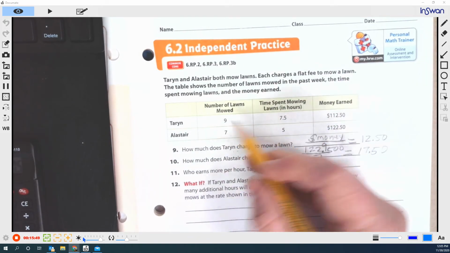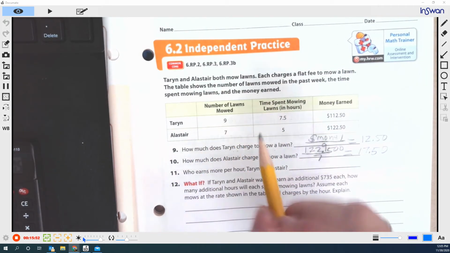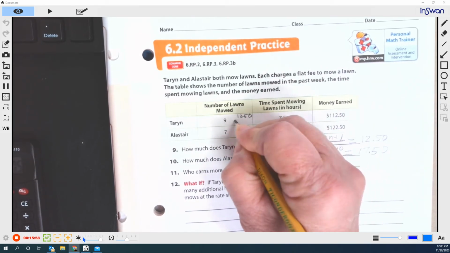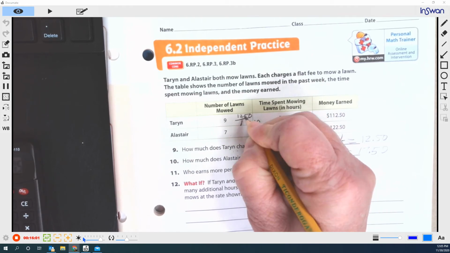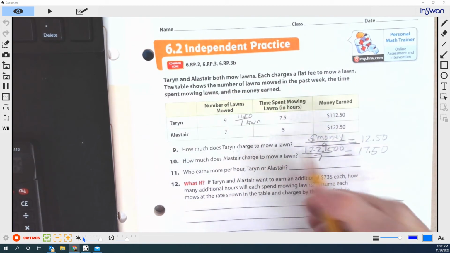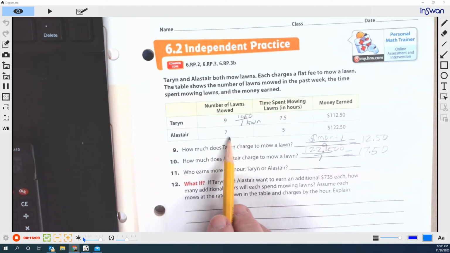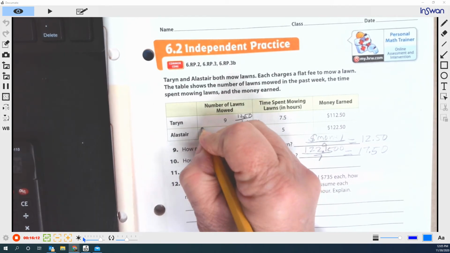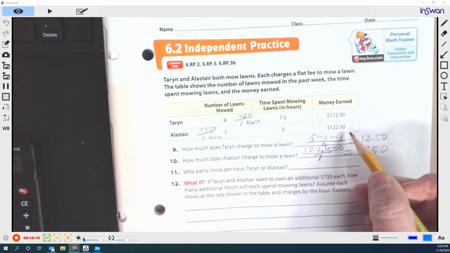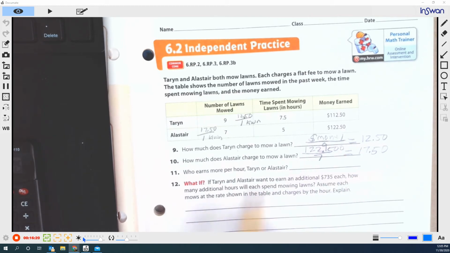So if he did 9 lawns, that's $12.50 per lawn, because we had $112.50 for 9 lawns. And likewise, Alistair is going to be $17.50 per lawn, and 7 lawns is going to be $122.50. So clearly, Alistair earns more money than Taryn, because you see he makes $12.50, he makes $17.50.